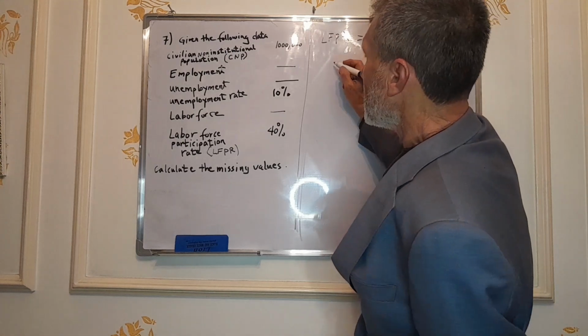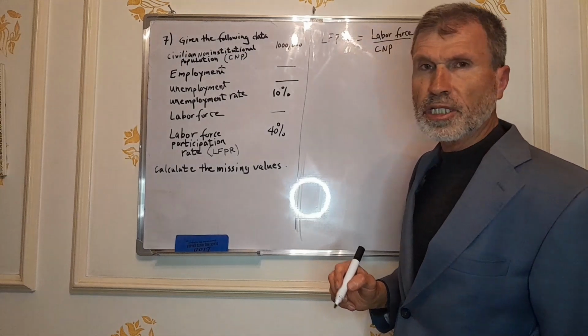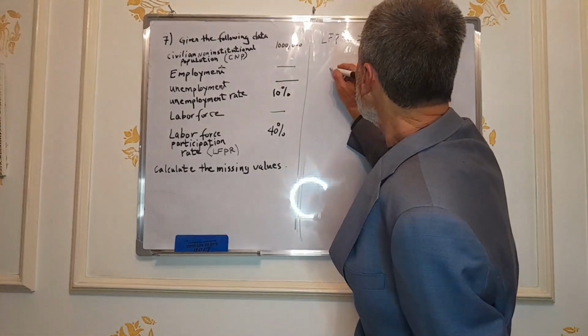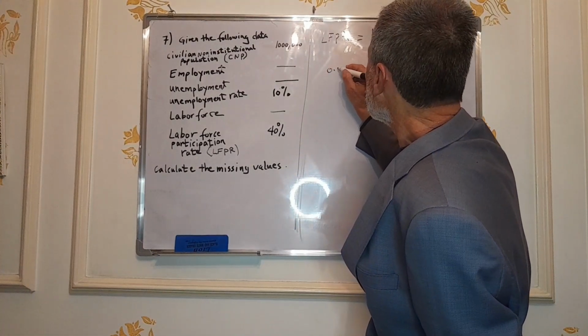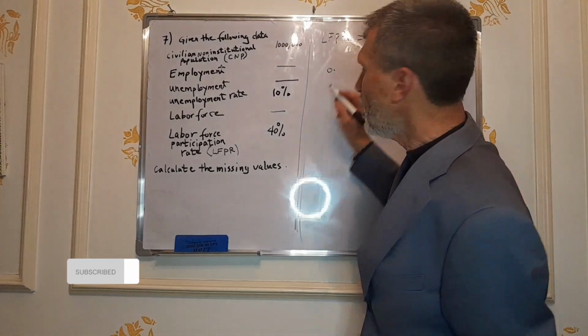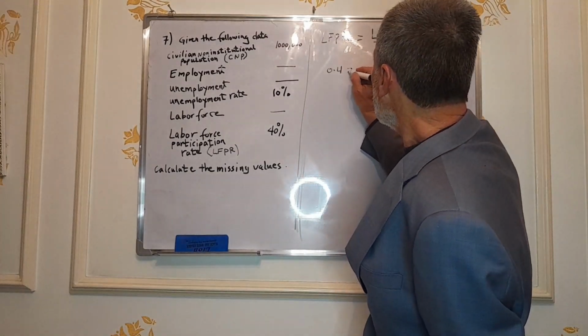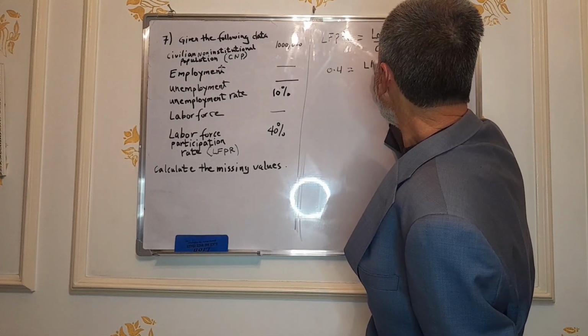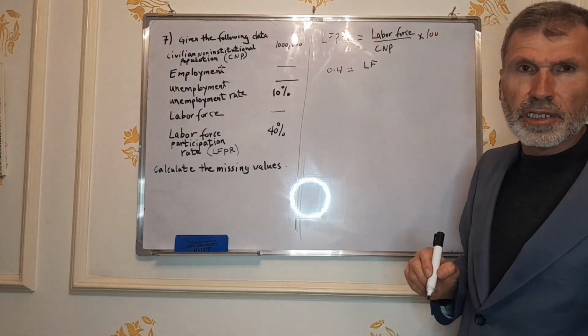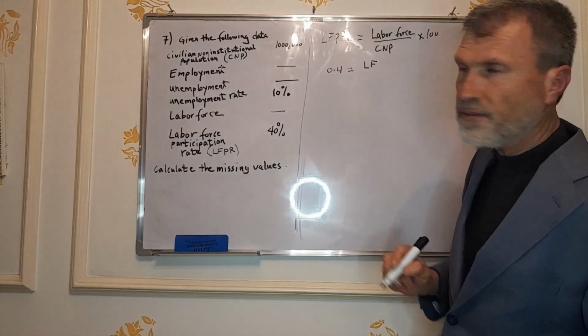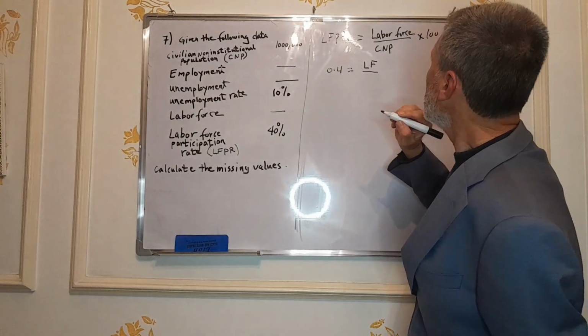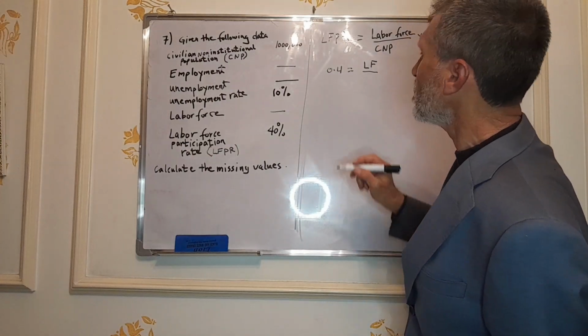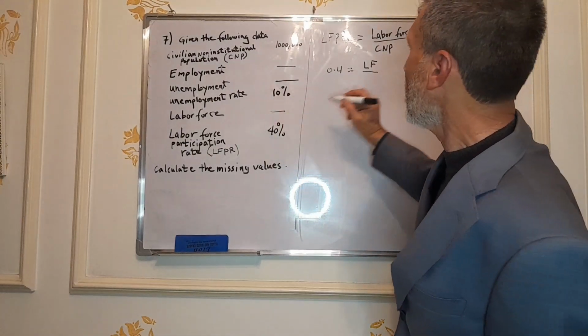So the labor force participation rate is 40%, so 40% divided by 100 gives 0.4, which is equal to labor force, let's denote it by LF, over the civilian non-institutional population, which is 1 million.